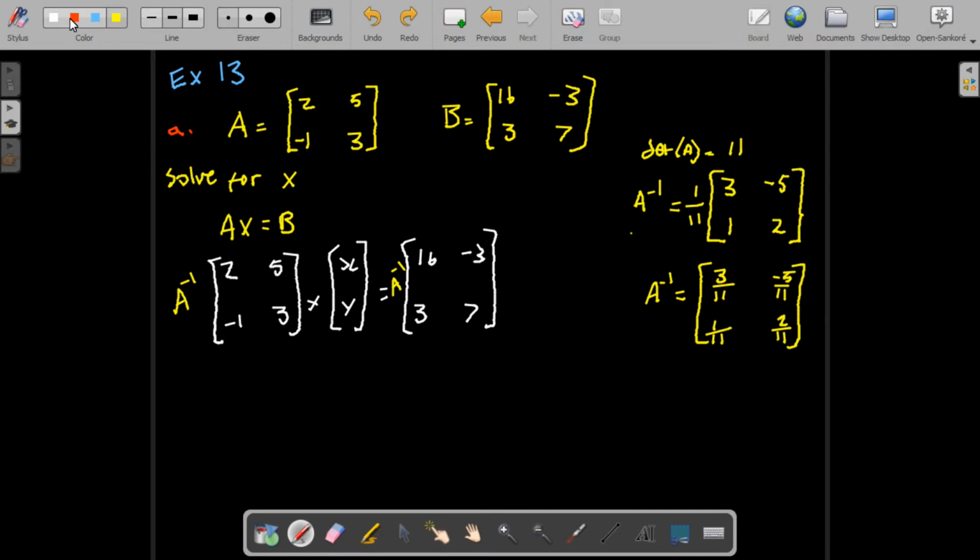Okay, fair bit of working out using your trains. So 3 times, or 3/11 times, oh actually, it'll be this one times this one.